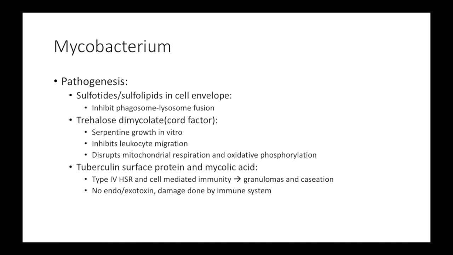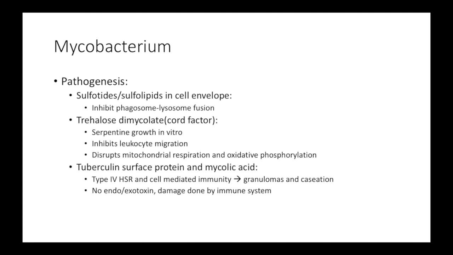And this is important because it inhibits leukocyte migration, disrupts mitochondrial respiration and oxidative phosphorylation, and also induces TNF factors here as well. And then we have the tuberculin surface protein and mycolic acid.